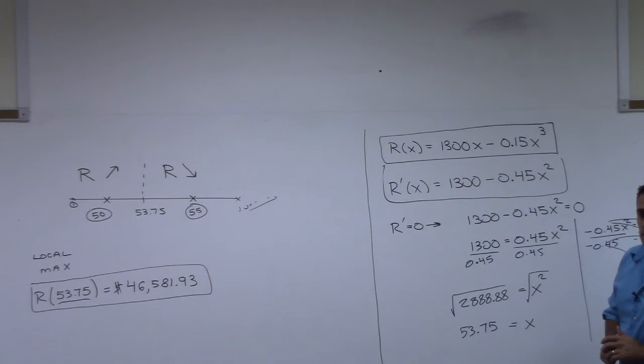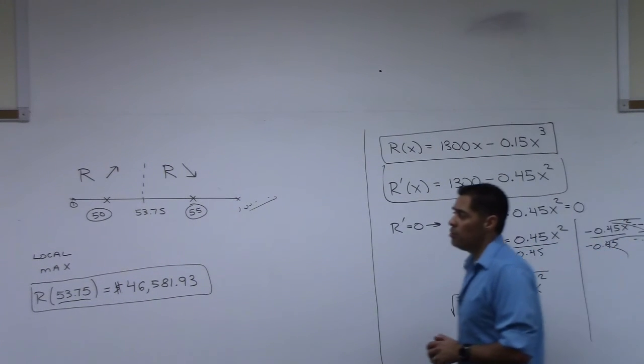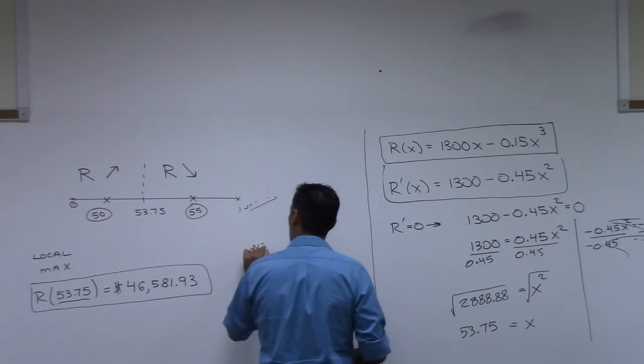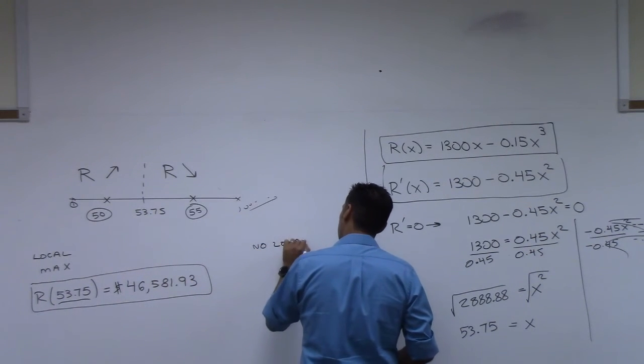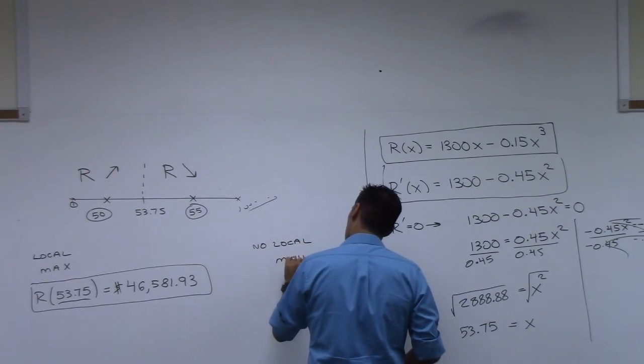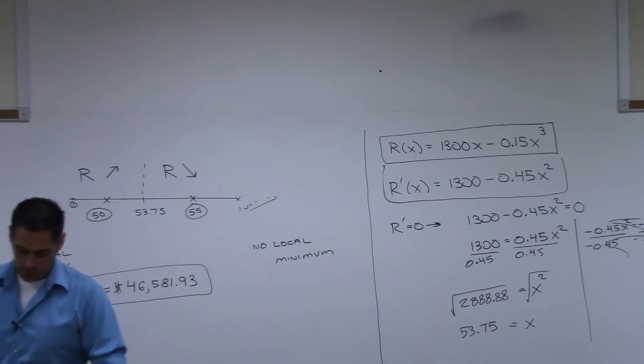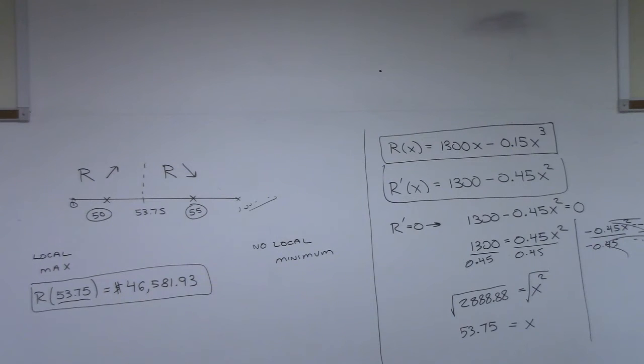So for the local minimum, you would just say no local minimum. Okay. Oh, I forgot to plug in that. All right. Does this make sense?